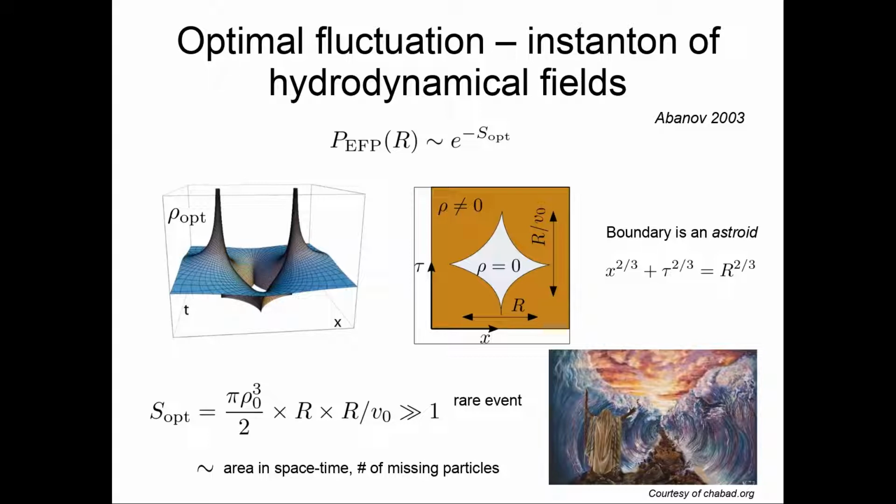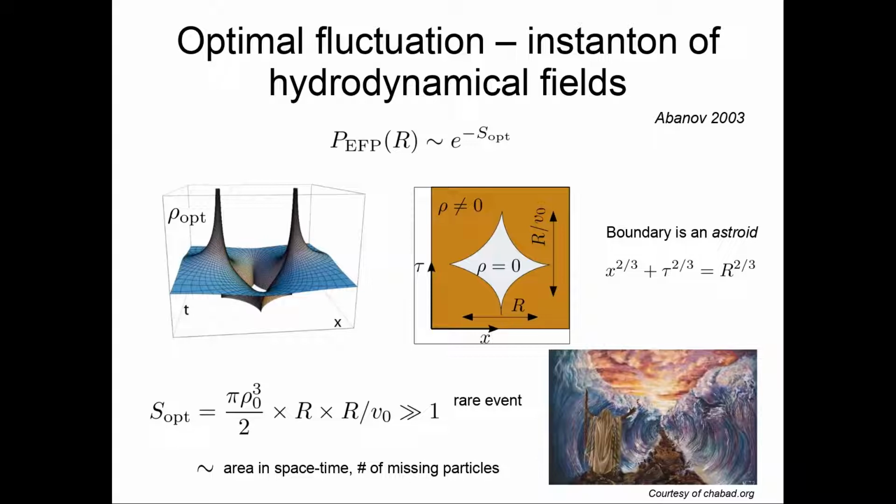And the reason is very simple. Particles have some sort of rigidity, and if there is a zero density here, it will persist for some time along the imaginary axis, and this time can be estimated to be something like this size divided by the typical velocity of the particles, which in turn is also related to the density.